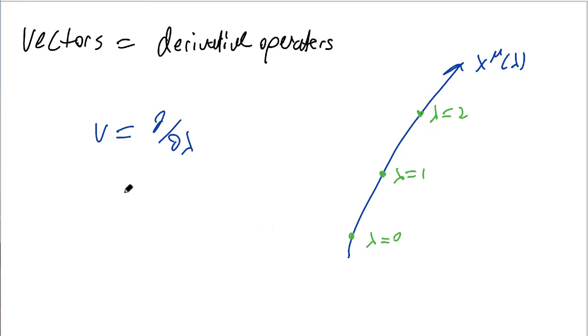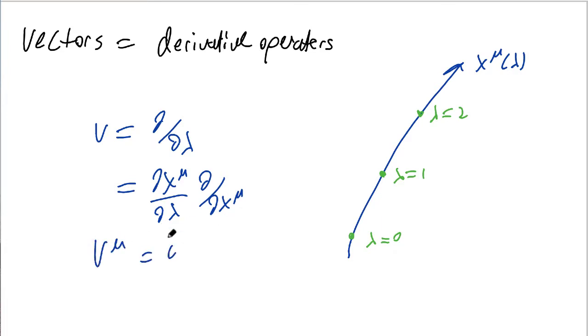Expanding this in a coordinate basis, this is partial x mu with respect to lambda d by dx mu. These coefficients of the basis vectors are the components of the vector v. So the components are just the derivatives of these functions x mu of lambda with respect to lambda.